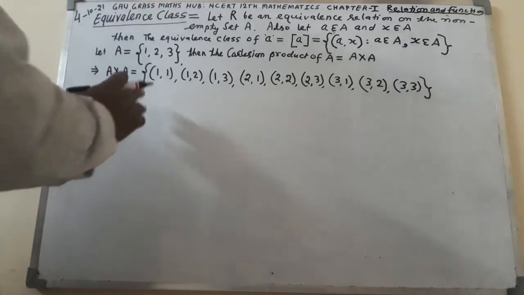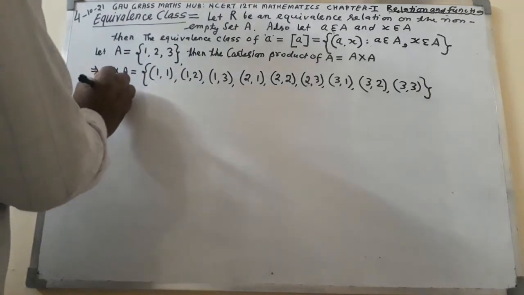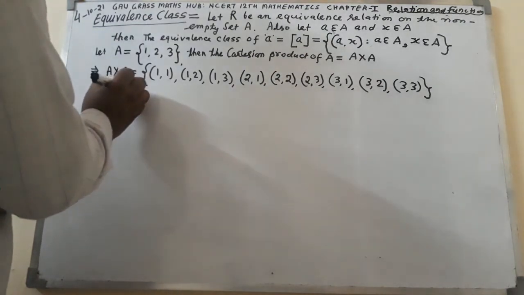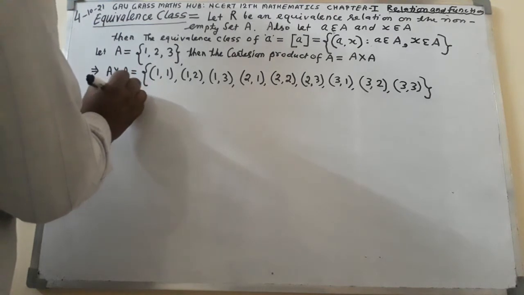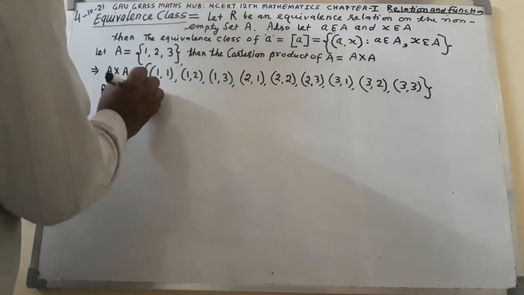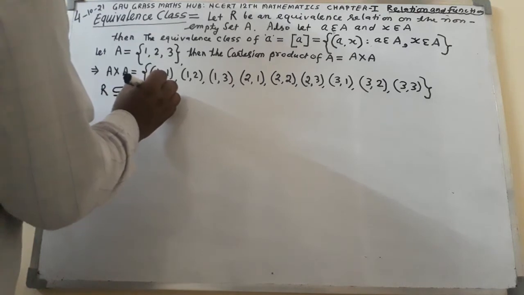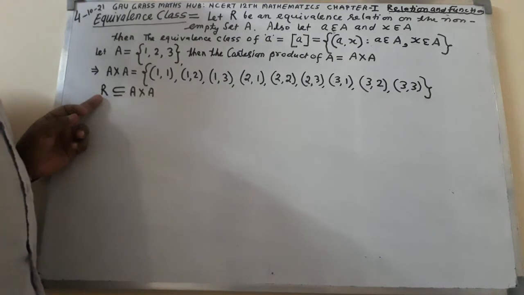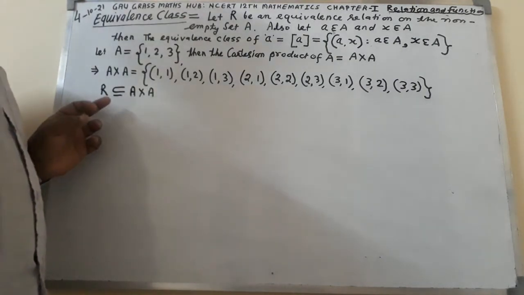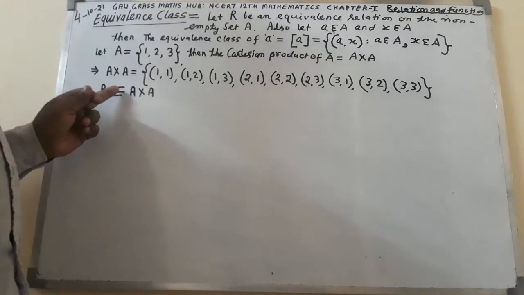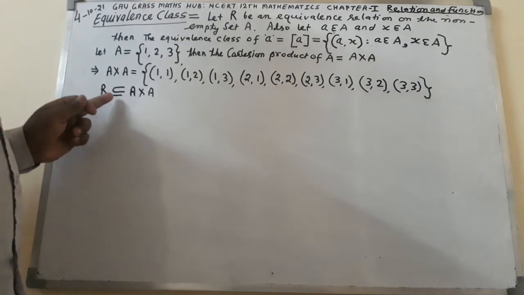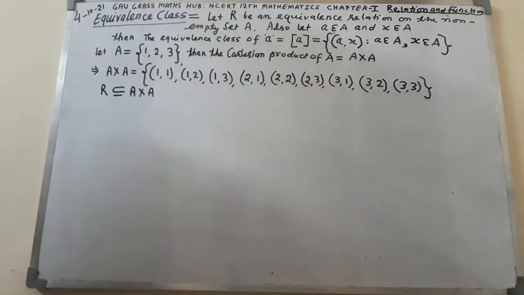Relation R has been defined when R is a subset of A cross A, or R is equal to A cross A. Then the relation will be defined.